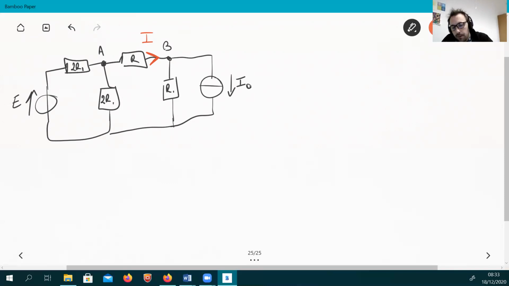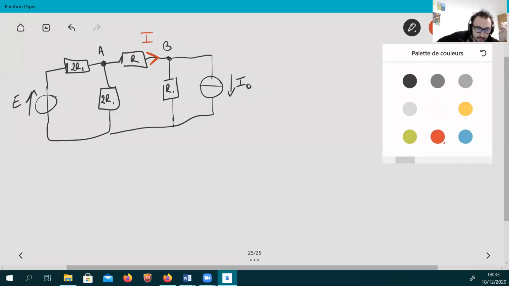We are going to apply, as usual, the same protocol: labeling the currents flowing into every branch of the circuit, then labeling correctly the voltage across every dipole, which are the resistors here.